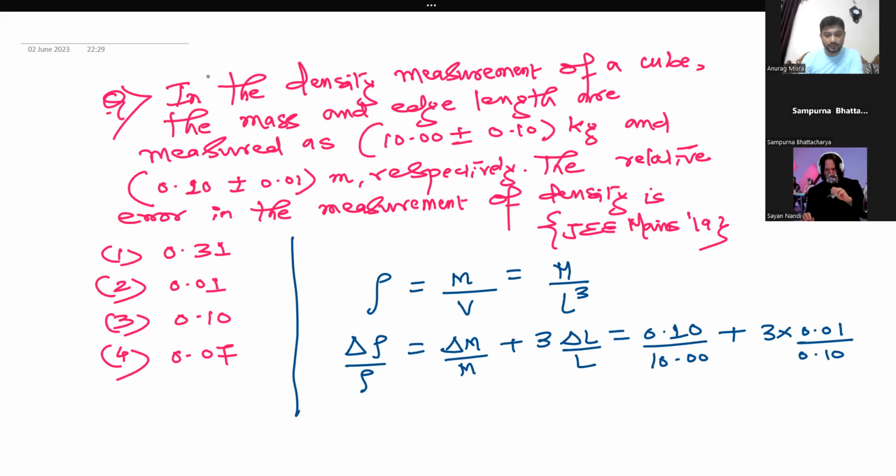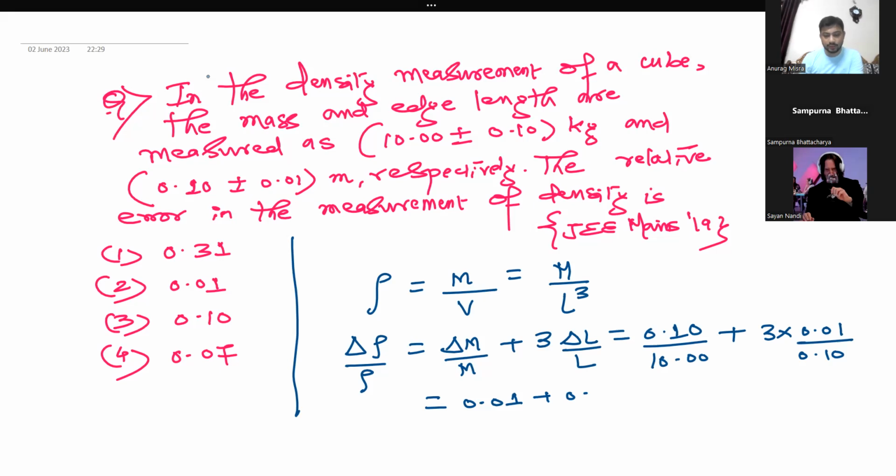Just add the two errors and you get the result. 0.10 by 10.00 is coming 0.01.